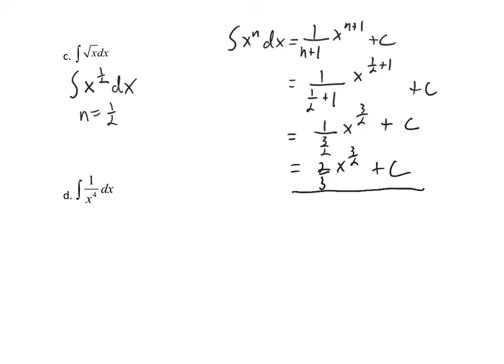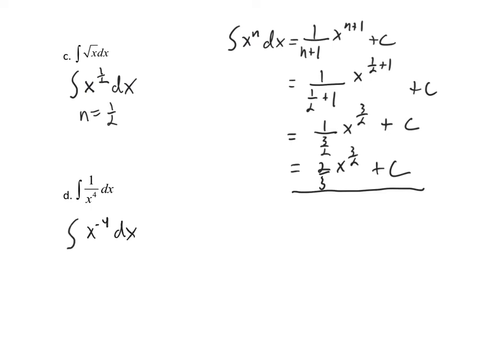If you had the antiderivative of 1 over x to the fourth, you need to resist that urge to want to use that natural log one. That only applies to 1 over x. If it's 1 over x to the fourth, we need to rewrite that as x to the -4 dx.